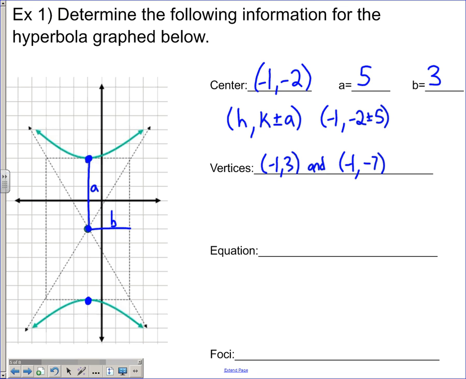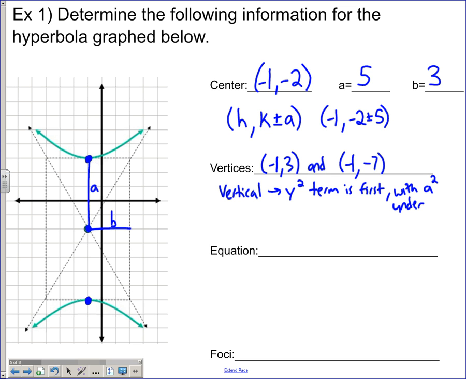This hyperbola opens up and down, so it's vertical. That means that our y squared term is first. It also means that the y squared has the a squared under it, because a always goes with that first positive term.